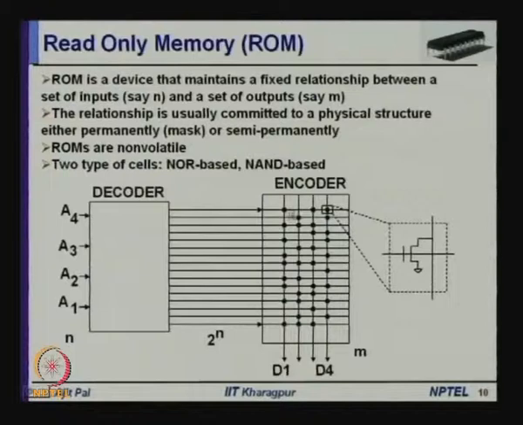On the other hand, if the input is 0 0 0 0, then this top line will be activated and you will get 0 here on D1, you will get 1 here on D2, you will get 0 on D3 and 0 on D4. Similarly, if you apply 0 0 0 1, then the second line will be activated, and then you will get 1 0 1 0 at the output.